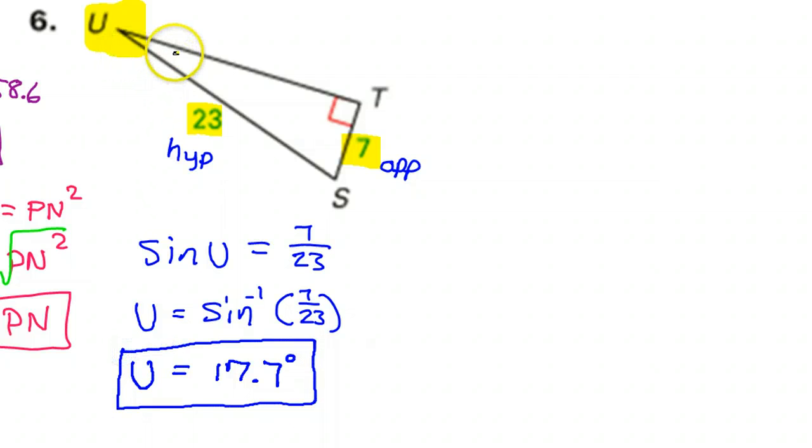All right, now once you find one of the angles, you don't need to use a trig function to find the other one, because the two acute angles in a right triangle have to add up to 90. So the fastest way to find the measure of angle S is to simply do 90 minus the other angle.